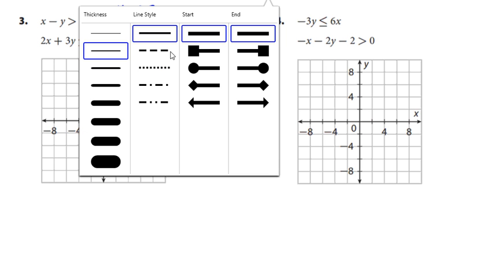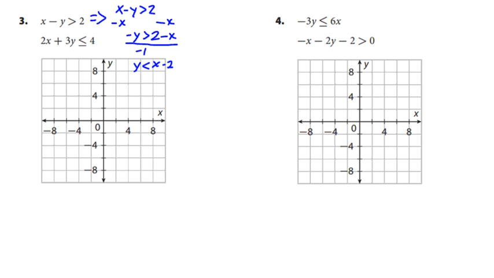So I'm going to go to my dashed line here. And we have our y-intercept is going to be -2. So I mark that. And our slope is going to be 1, so that's up 1 over 1. So it's going to be this type of not equal to. So you're drawing a dashed line.